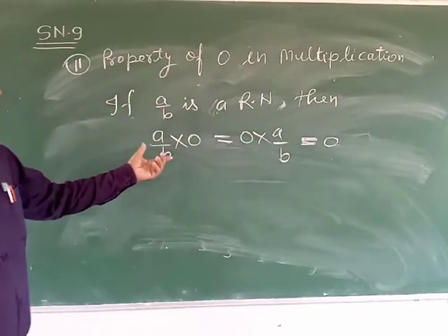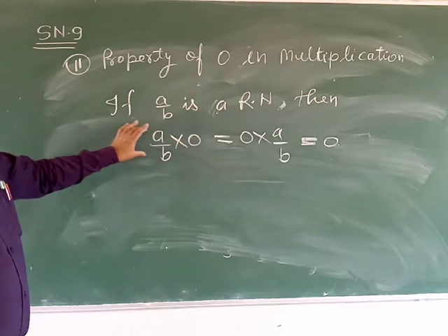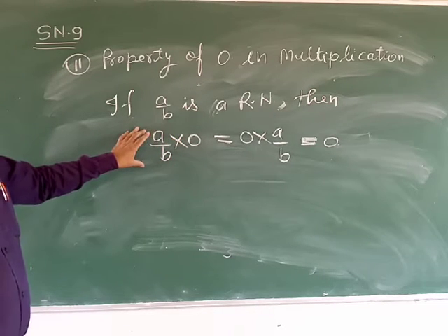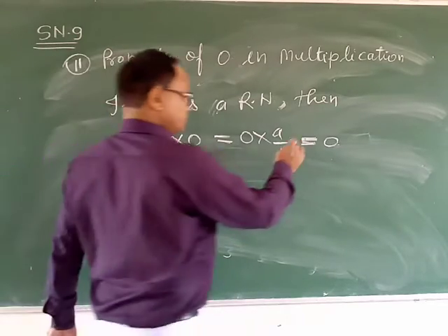When any rational number or integer is multiplied with 0, the result is always 0.